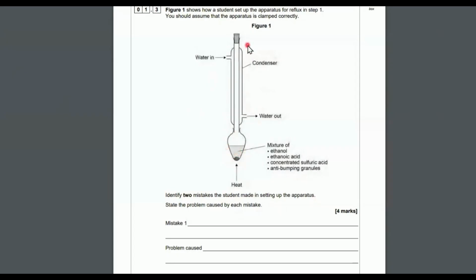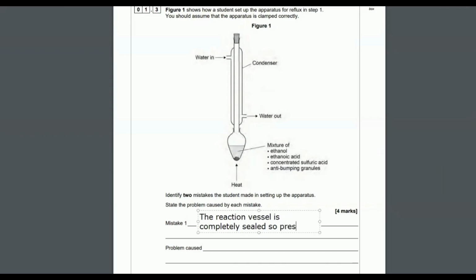So we're heating it up here. We've got this bung in the top here. And the problem with this, it's sealed tight. There is no area to release pressure. And so you could get an explosion. So mistake 1, the reaction vessel is completely sealed.